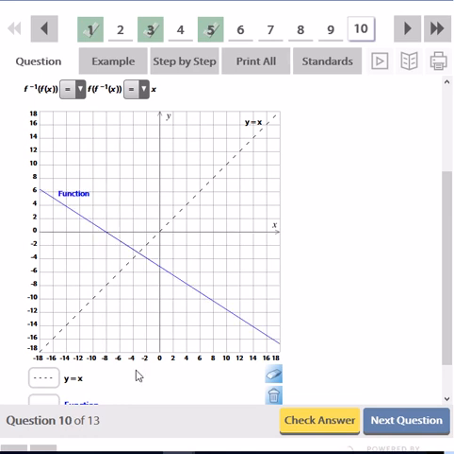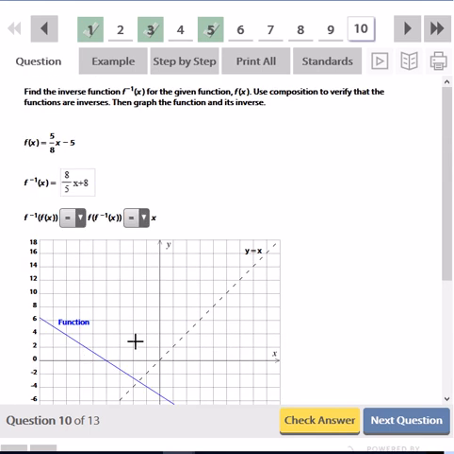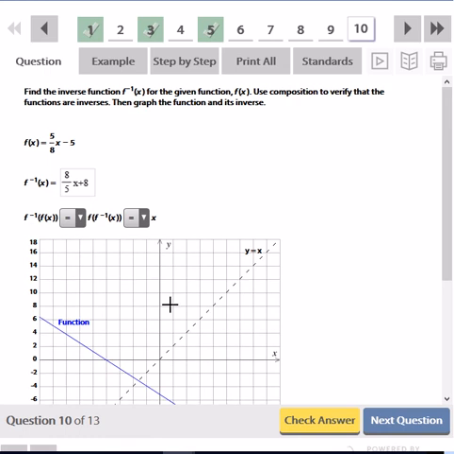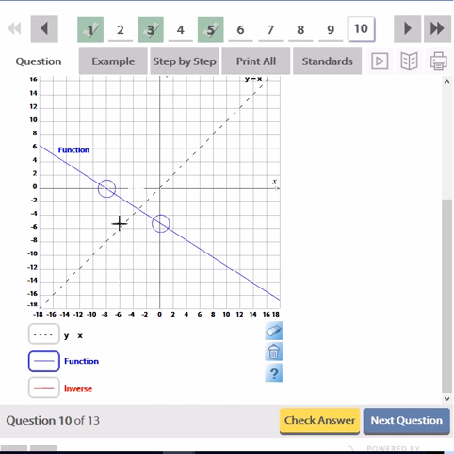Right around there. And it drew the rest of the line for me. Then the inverse crosses at positive 8. And there the slope is 8 over 5. And you know what? I just realized I went the wrong way. I've got to do the function again. I should have gone this way with it. It was a positive slope.